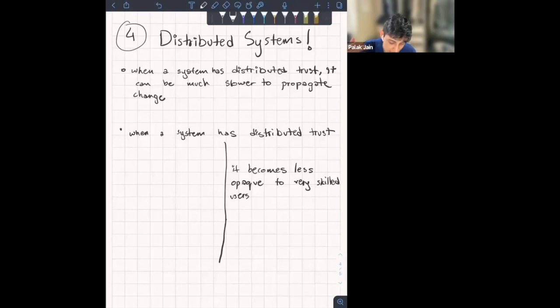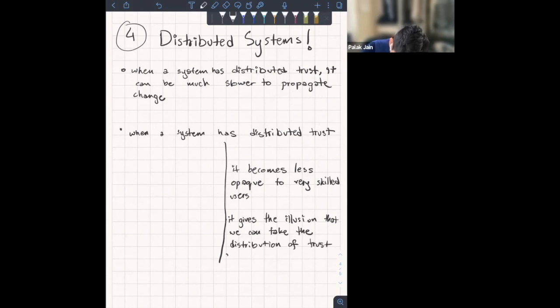But what also happens is, it gives the illusion that we can take the distribution of trust at face value. And this is not accurate. We cannot always take the distribution of trust at face value, because when somebody controls a big part of a distributed system, we've distributed trust, and so if they can control enough of the system, they can mess with the system, right?